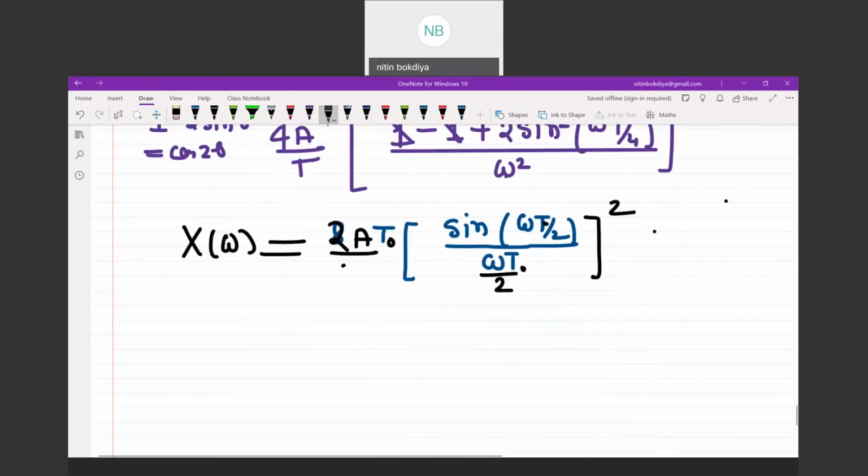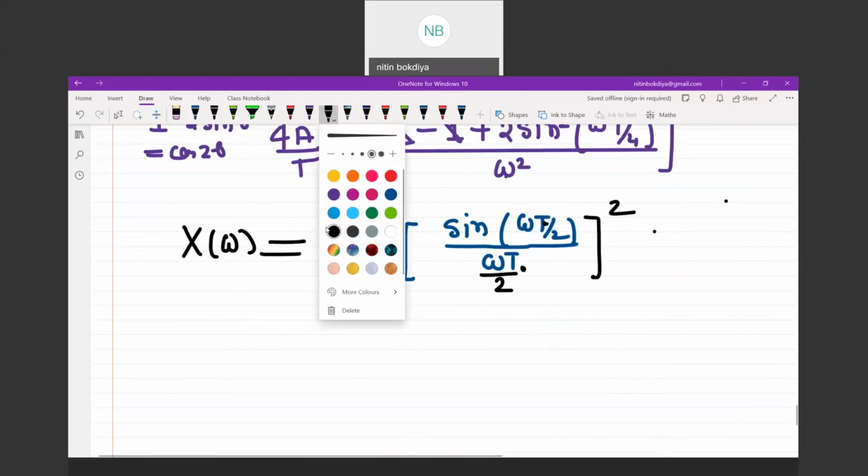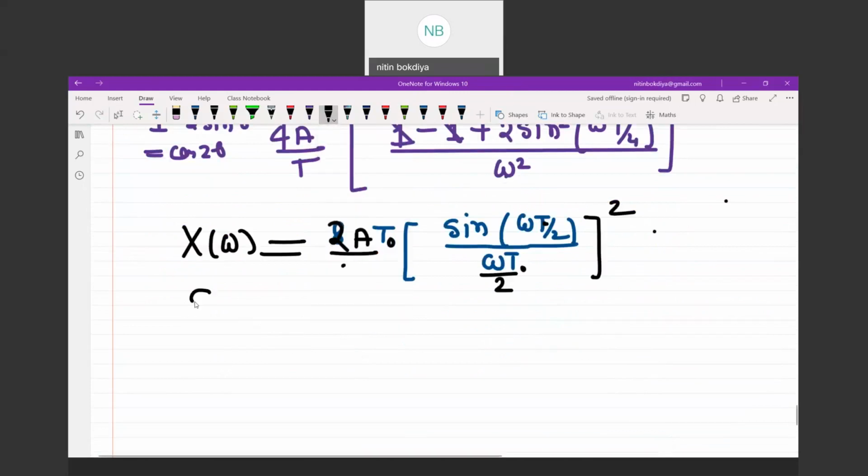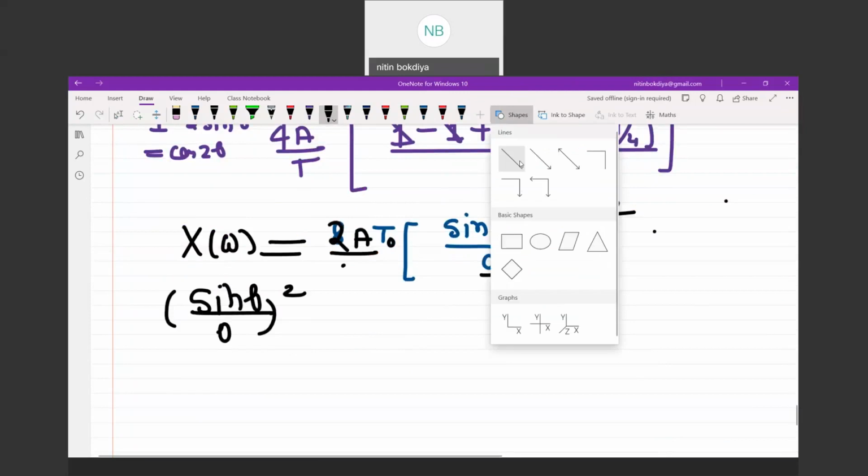Now I can say this is the function in the form of sin θ by θ whole squared. So we can square the previous spectrum. What was the previous spectrum?